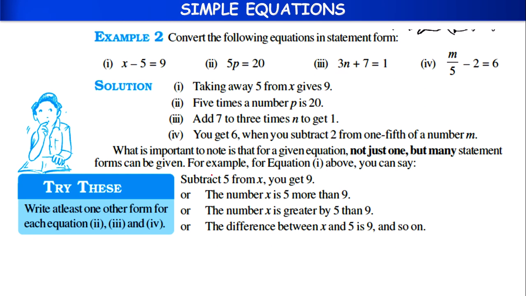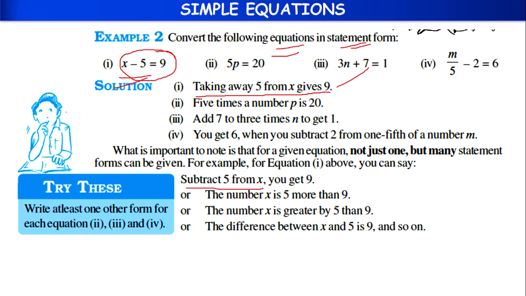But while writing an equation in statement form, we can write in different ways. For x minus 5 equal to 9, we wrote taking away 5 from x gives 9. But we can also write in other ways.